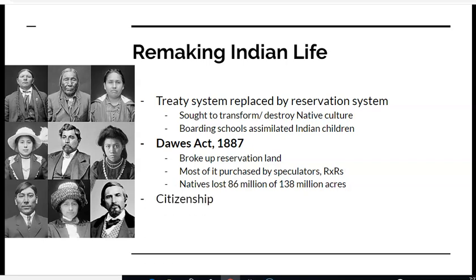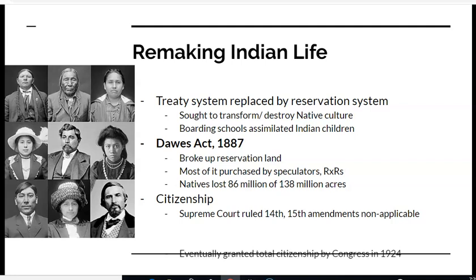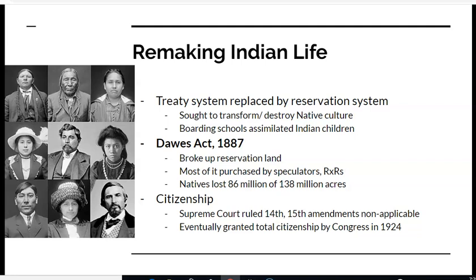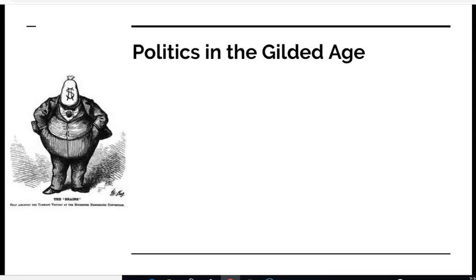When it came to citizenship, even though Native Americans were Native Americans, the Supreme Court ruled that the 14th and 15th Amendments, which concerned citizenship and the right to vote, did not apply to Native Americans. Eventually, Native Americans would be granted total citizenship by Congress in 1924.